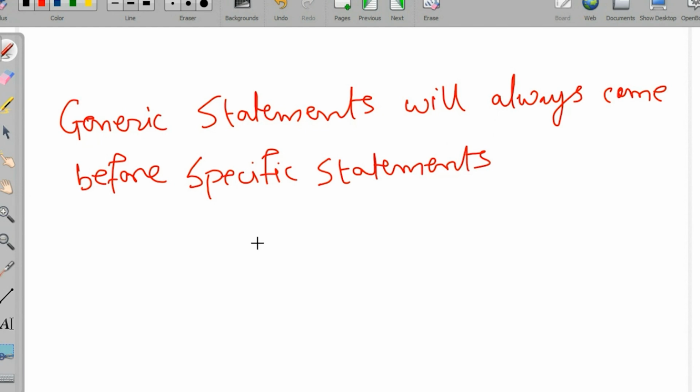Or you can also say that specific statements will always follow generic statements. ठीक है ना? You can also say that specific statements always follow generic statements.